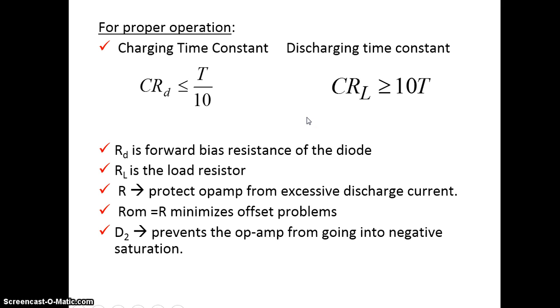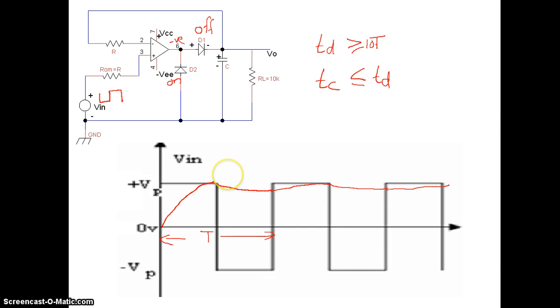Now RD is the forward resistance, that means the on resistance of the diode. RL is the load resistance. Now this R is used to protect the op-amp and diode from excessive discharge current.